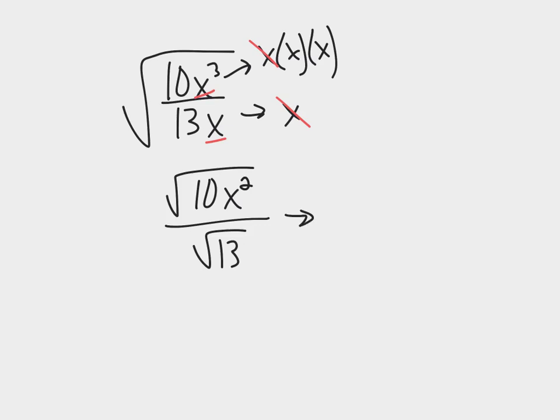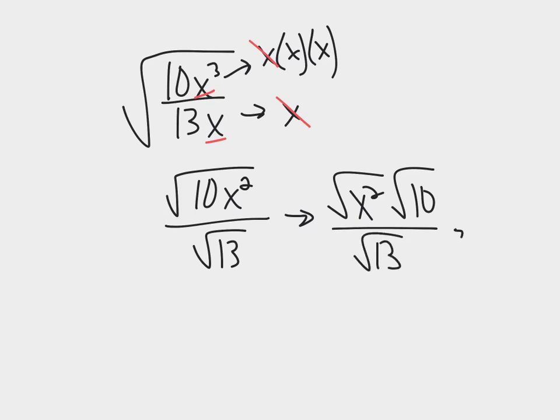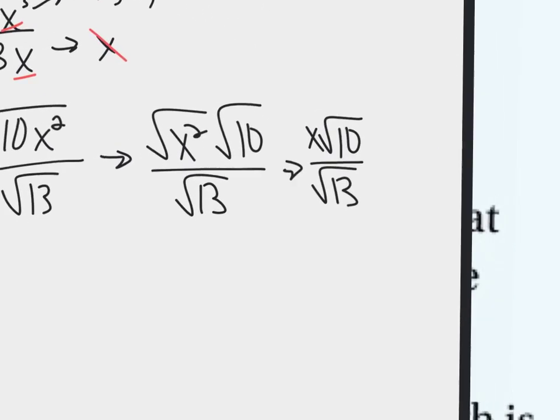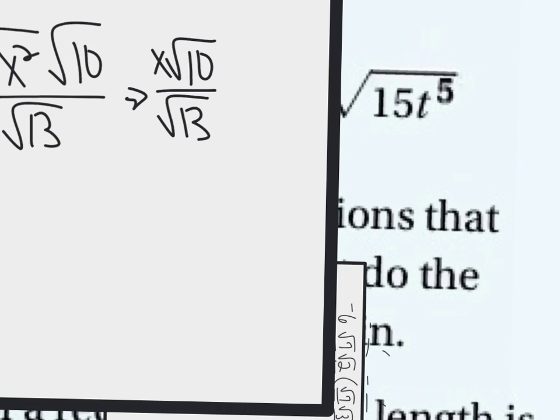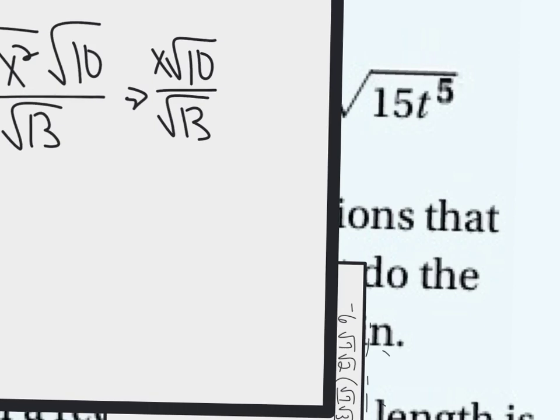And then you can simplify that. And then the problem is when we get to this point, we still have a square root in the denominator, and we can't have square roots in the denominator. It's not simplified.